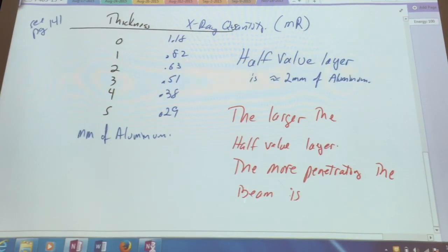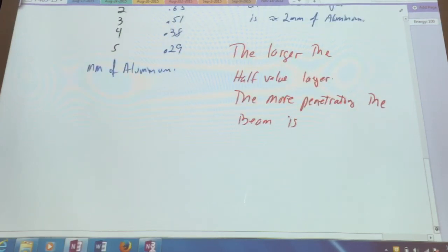The larger the half value layer, the more penetrating the beam is said to be. Pretty straightforward idea, huh? It has some interesting little implications. Often abbreviated as just HVL for half value layer.